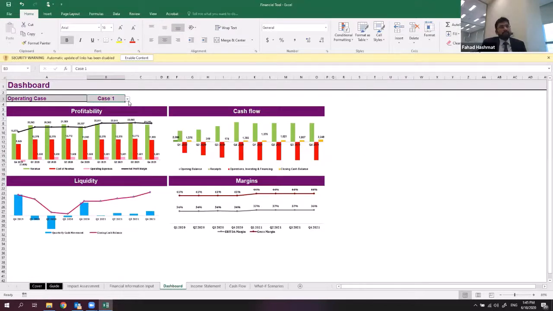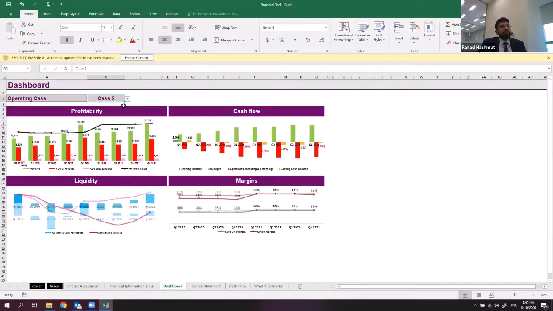With the inputs that we had in case two, let's see how the scenario looks. We can see that there is some problem over here. We know that the business will improve by the end of 2020, or in the first quarter of 2021. But do we have enough liquidity to get to that stage?